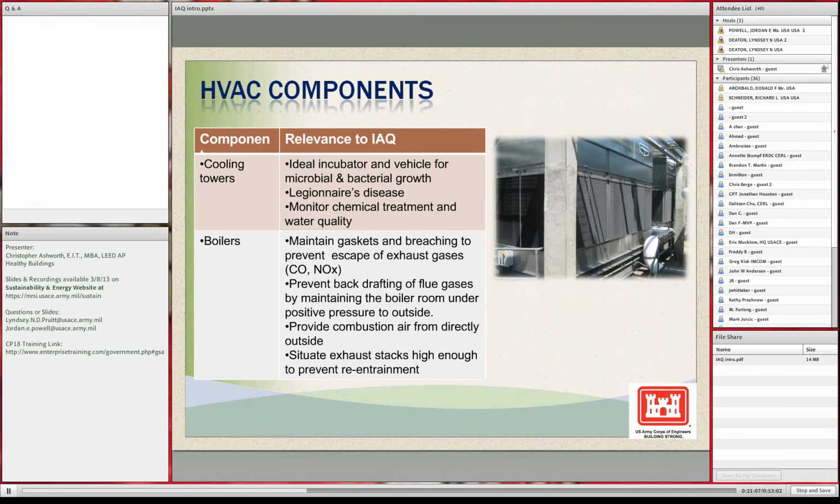Boilers are another prime example: confirming that you have proper exhaust, and proper valving and design, so that you don't have carbon monoxide poisoning issues or other issues that can easily have huge detrimental effects on the indoor air quality.